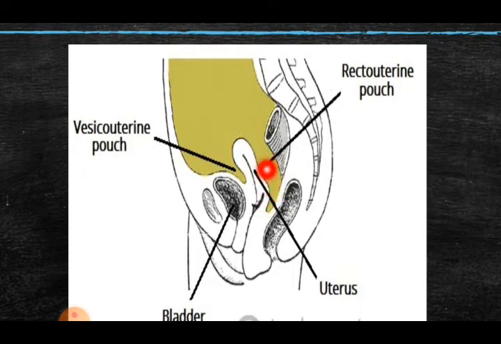The blood can accumulate here, the debris can accumulate here. So it's very important that these pouches should be clear of any kind of fluid or debris, or else there can be inflammation that is dangerous to the pelvic organs.